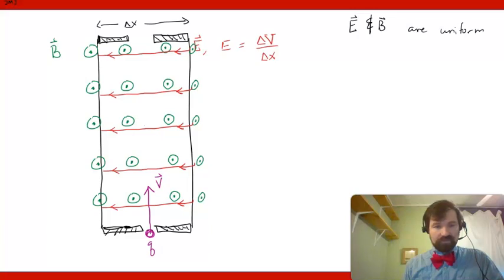Say, what if the particle happens to be right here, for example? Then I would have a force in this direction due to the E field. So this would be the Q times E part of the force, F sub E.